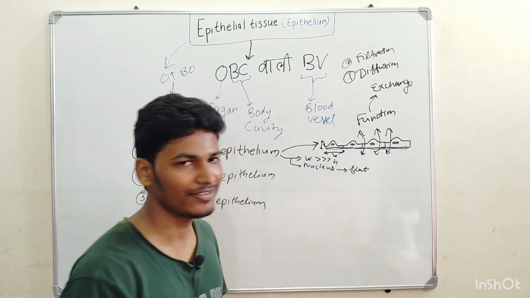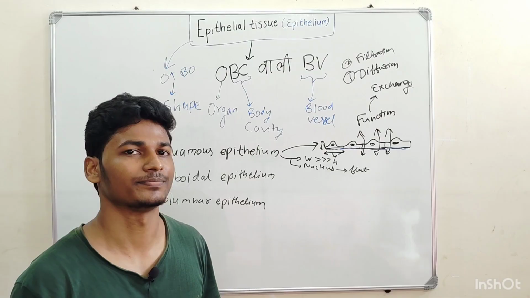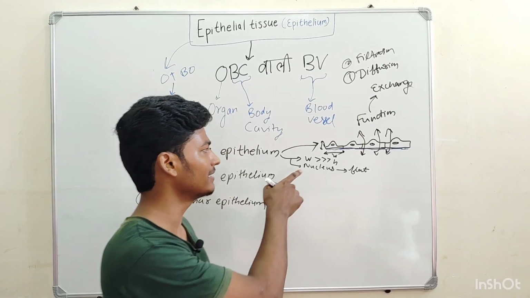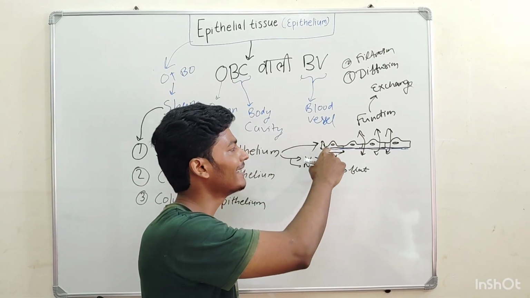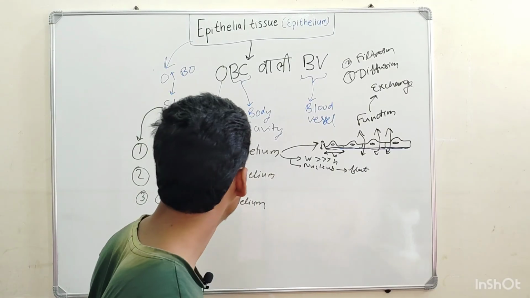So this is the main function of the squamous epithelium. Squamous epithelium is flattened, width is more than the height, nucleus is flat, and its function is exchange.